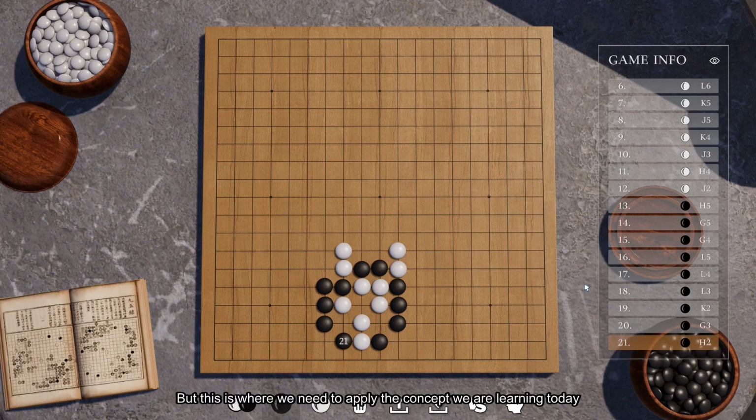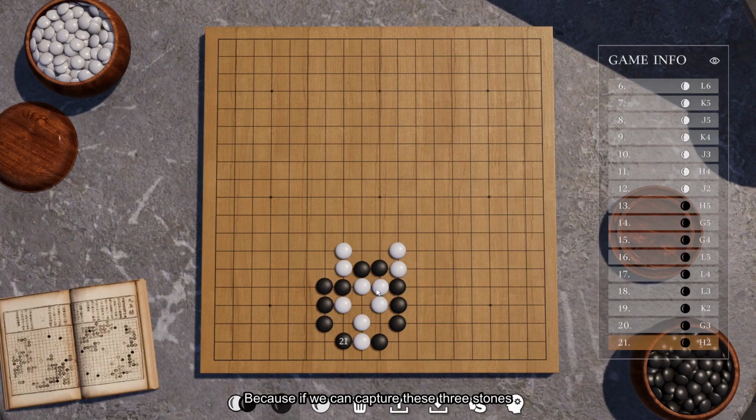But this is where we need to apply the concept we are learning today, which is the liberties of the keystones. We must take away the keystone's liberties first. So, what exactly are the keystones? Usually, among the stones involved in the battle for life, the ones that are directly connected to these 2 black stones are called the keystones.